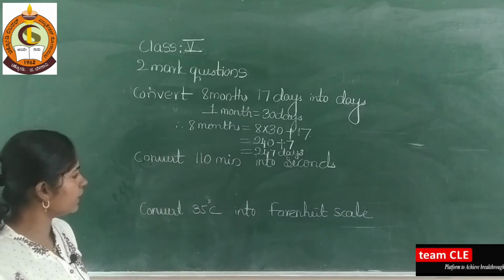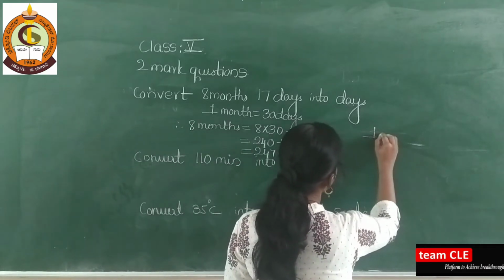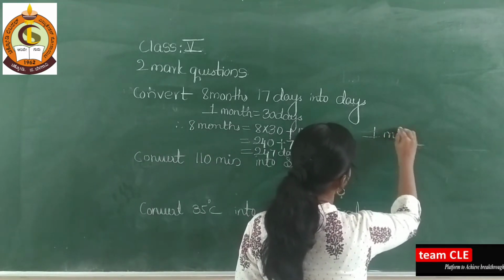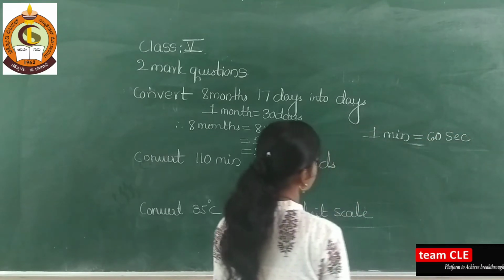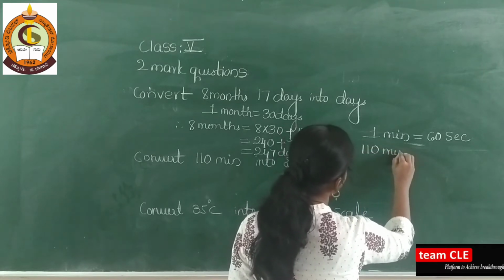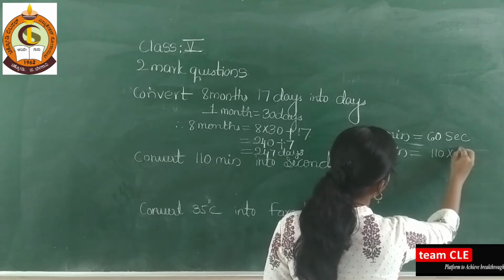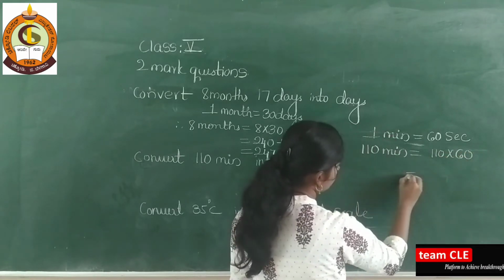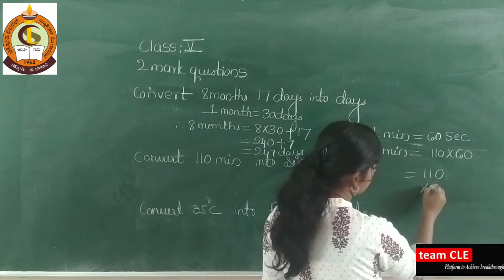So next, convert 110 minutes into seconds. Here 1 minute is equal to 60 seconds. Then 110 minutes is equal to 110 into 60. Not subtraction, multiplication.